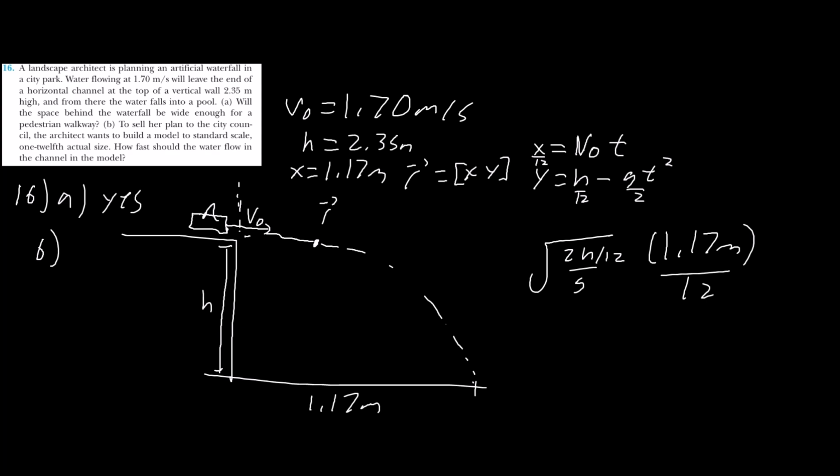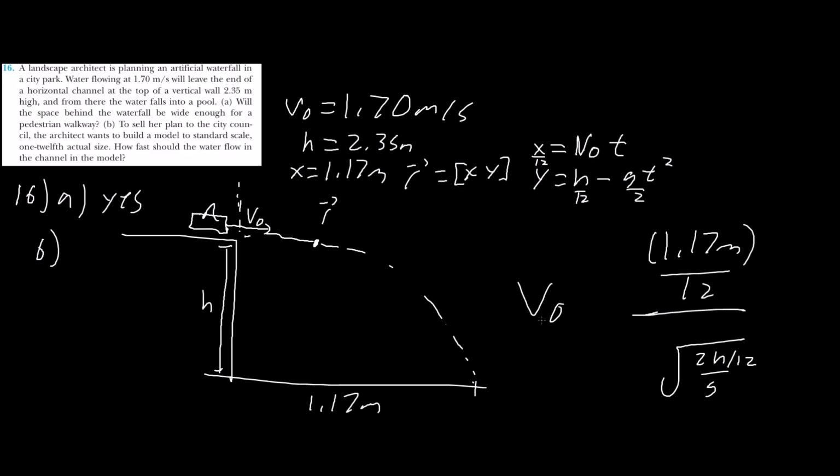So we're going to take this and divide that by that. And I think that should get you the initial velocity of that. So let's check this.